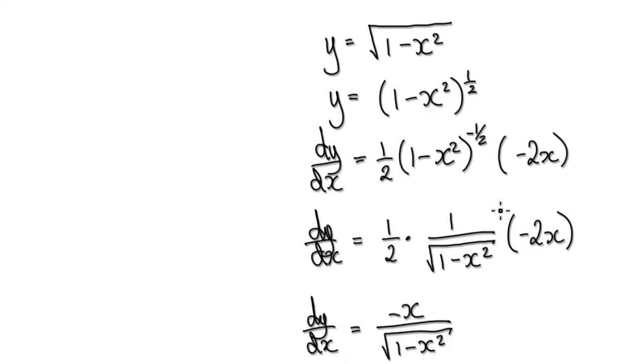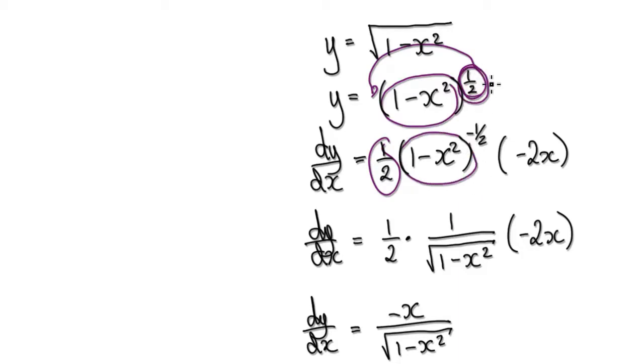So let's imagine this as being bubble to the power of a half. So bubble to the power of a half. So when you come to differentiate it, the half will come down, the bubble stays the same, the power gets minused by 1, and then you've got to times the derivative of the bubble itself, which will be negative 2x.